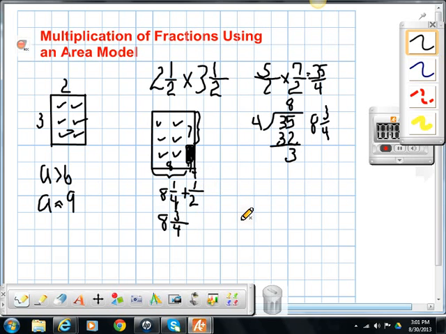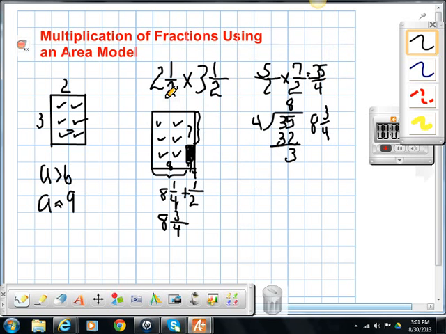So if you use the area model and you don't make a mistake like I just did, it gives you a visual representation of what's going on when we use our mathematical procedure here. I don't know what you think, but learning this procedure without thinking about the numbers can often lead to mistakes.